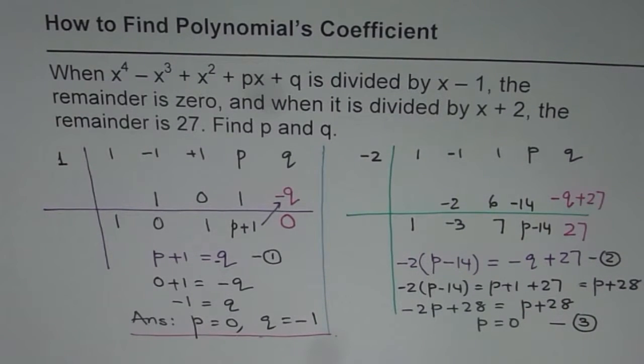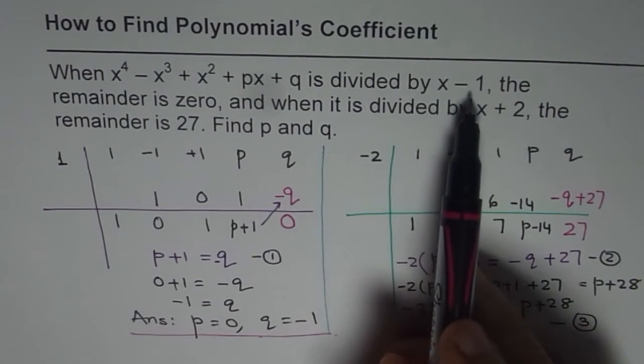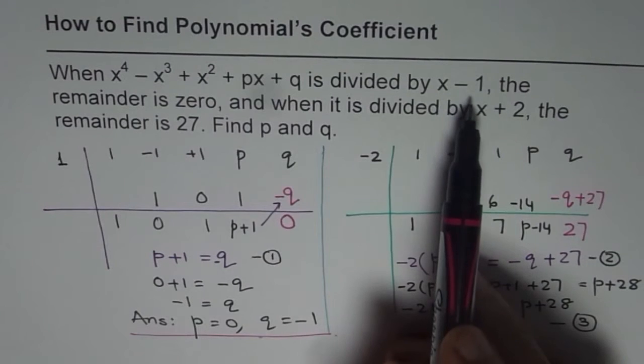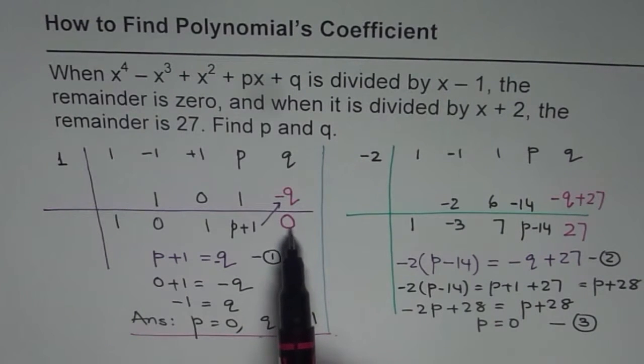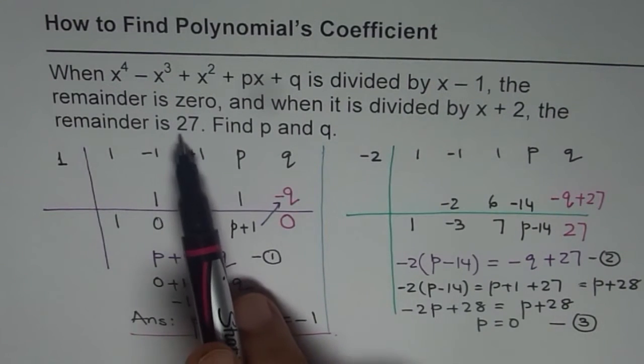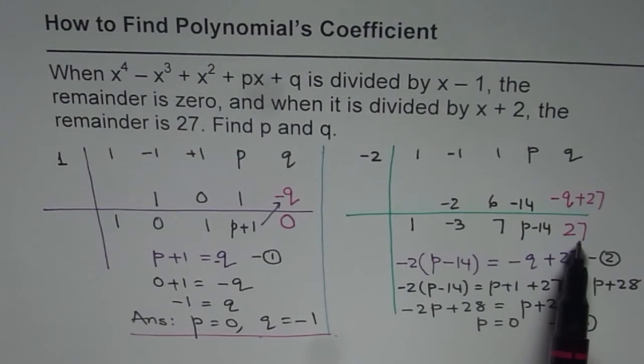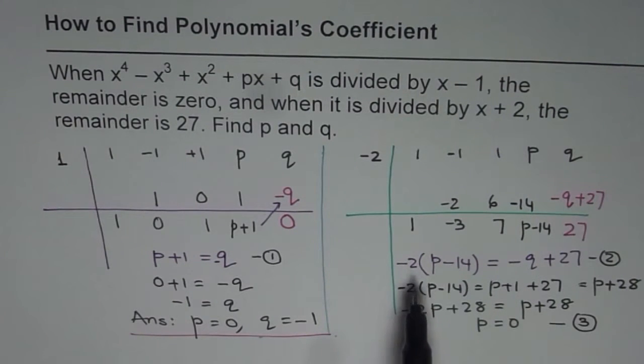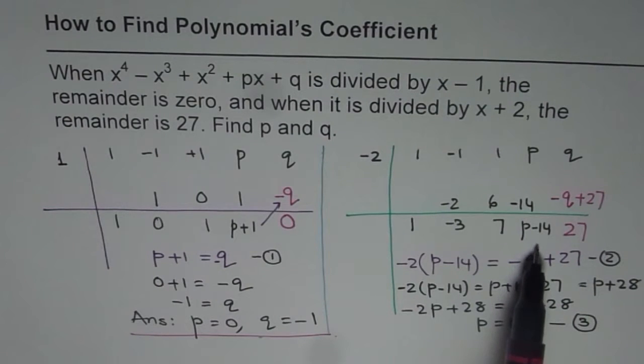I hope you understand and appreciate the steps. The steps are synthetic division, right? So divided by x minus 1, you should ensure that the remainder is 0, which you can get if the last terms are as written here. When you divide by x plus 2, the remainder should be 27. You will get 27 by adding q and minus q plus 27, right? And now you know the technique.